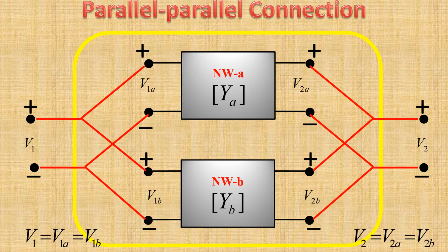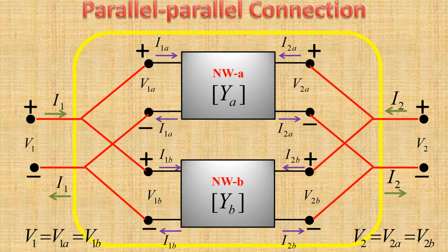Let us assign the input and output port currents of the combined network and network A and network B. Let the input port current of the combined network be I1 and the output port current be I2. The input and output port currents of network A are I1A and I2A respectively, and the input and output port currents of network B are I1B and I2B respectively.